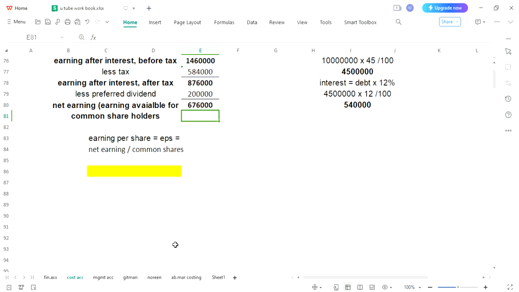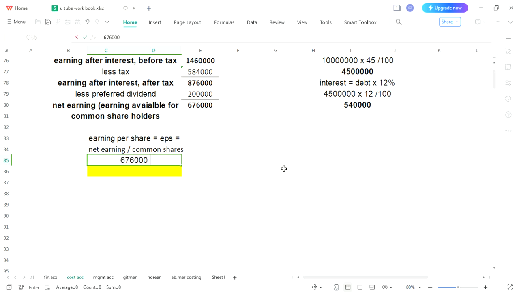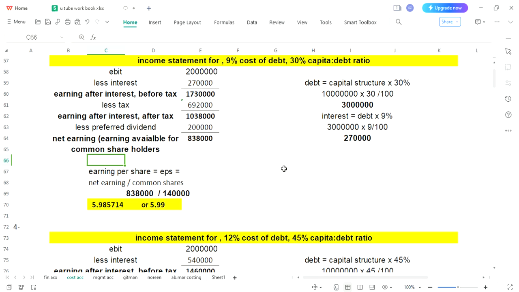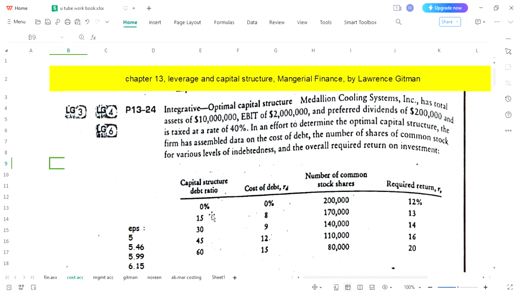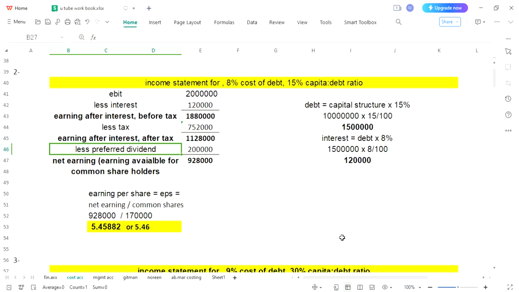We have got our income 6,76,000, and now we are going to calculate earning per share. For earning per share, we need to put the amount of net earning, which is 6,76,000, and we will divide it by the number of shares, for which we will go to the fourth part. Okay, so 1, 2, 3, fourth part, 1,10,000 are the number of shares.